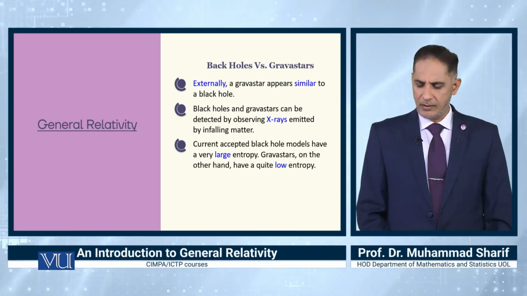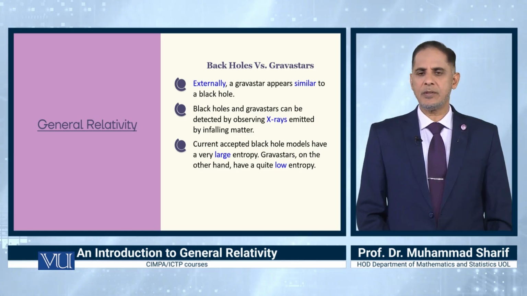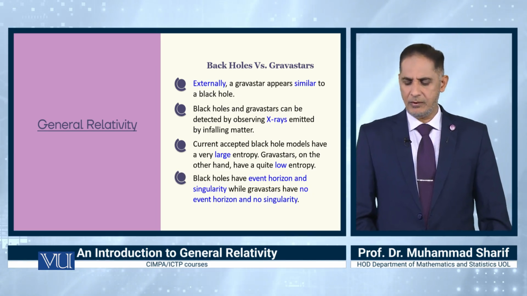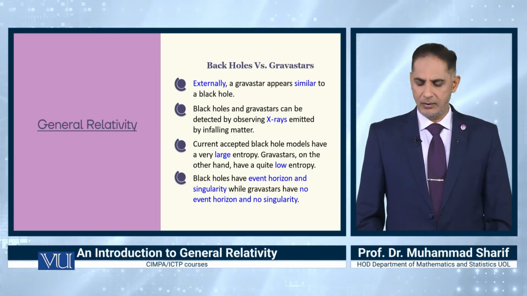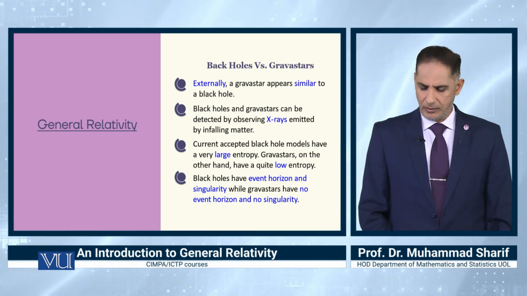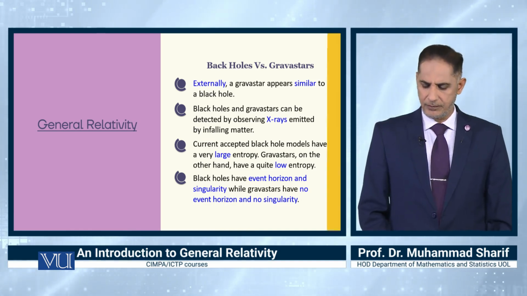Current accepted black hole models have a very large entropy, while gravastars, on the other hand, have quite low entropy. So this is a difference. Then black holes have an event horizon as well as a singularity, while gravastars have no event horizon and no singularity. This is a big difference.